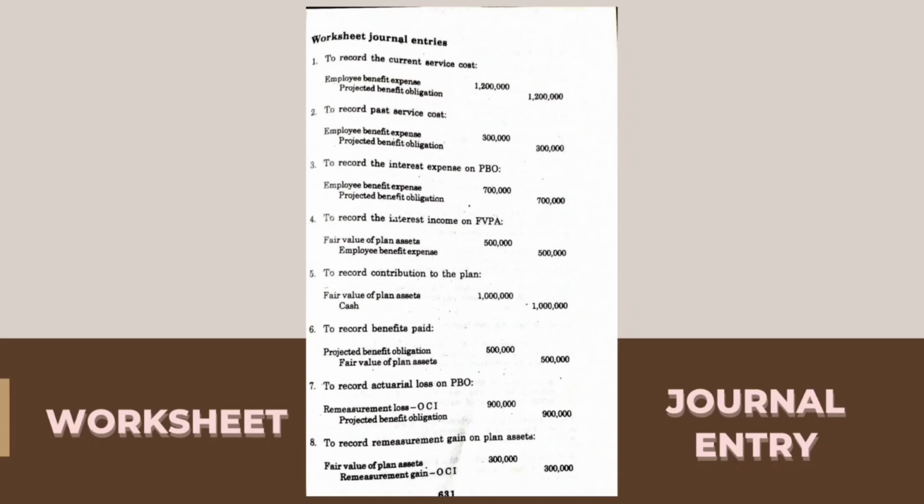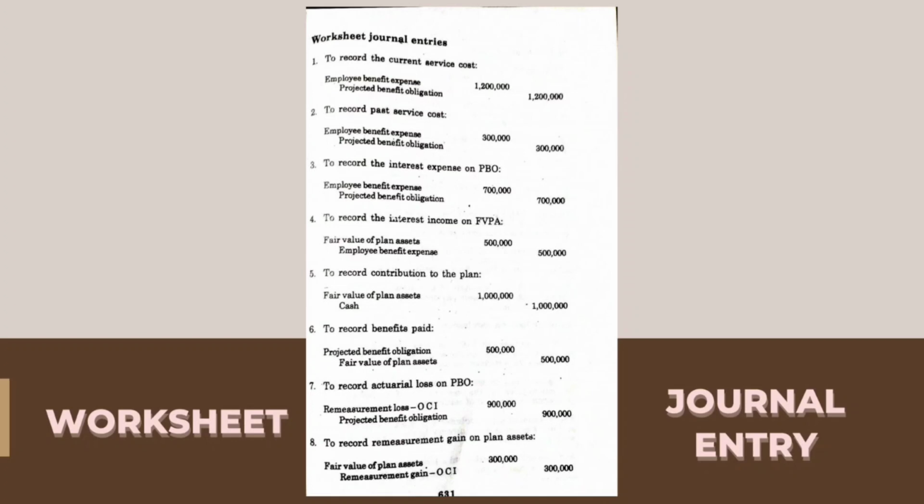So to record the interest income on FVPA, debit fair value of plan assets, which is 500,000, credit employee benefit expense, which is 500,000. Fifth, to record the contribution to the plan, fair value of the plan assets, which is 1,000,000, and the cash 1,000,000 also.